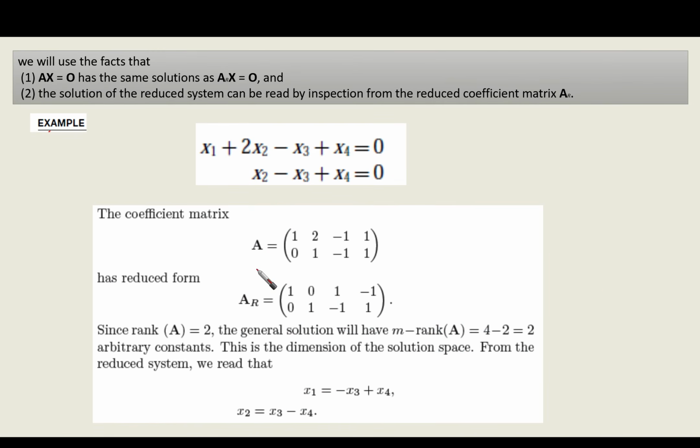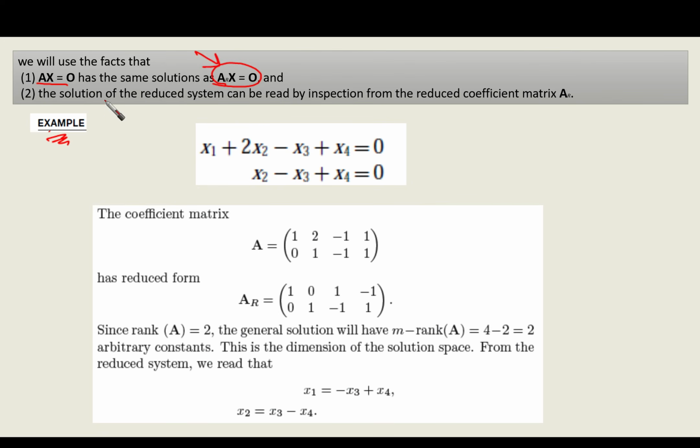Okay, now let's go to the next part. In order to solve this example, we are going to use the fact that AX equal to 0, our system, has the same solution as ARX equal to 0, which is the reduced system.